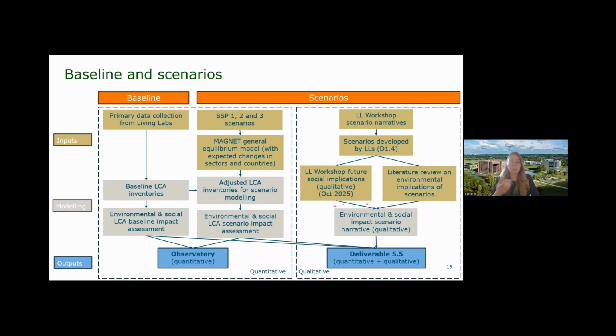So the input data. So we have the actual input data from the farmers, and now with the MAGNET projections, we adjusted these based on their assumptions. There will be a few slides about this later. And based on that, we did some scenario quantification. So for these SSP 1, 2, and 3 scenarios, we quantified these as well.